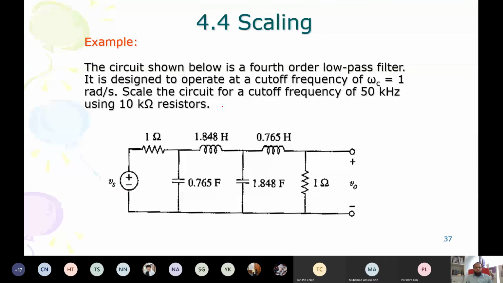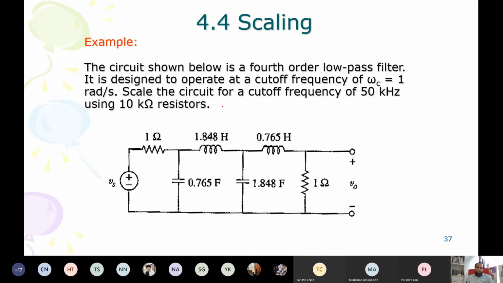So in a given circuit, the fourth order I mentioned yesterday, although it's not important at this level, the order of the circuit is determined by the order of the denominator. S square is quadratic or second order, S cube is third order, S to the power 10 is 10th order.